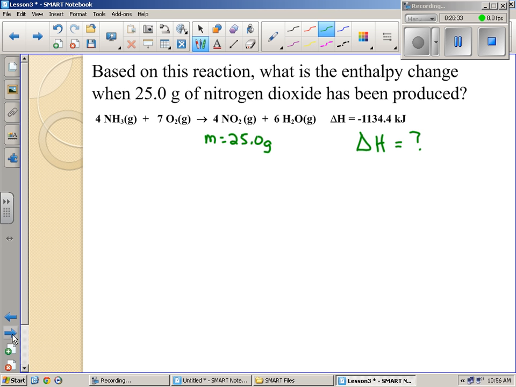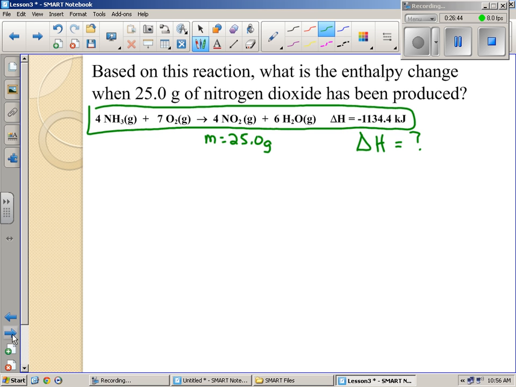Yeah, we know, right? And once again, this is where sometimes people get confused. Hey, if I had 4 moles and 7 moles and 4 moles and 6 moles, I get that much. I know that, right? That's the balanced chemical equation. Eventually, you guys will figure out how to figure that out on your own. Hess's law. I know that 4 moles is going to give me that.